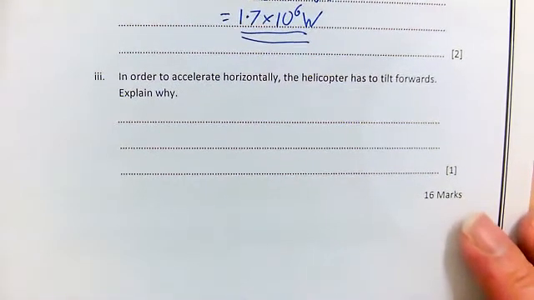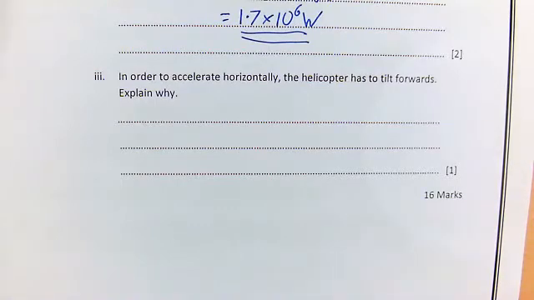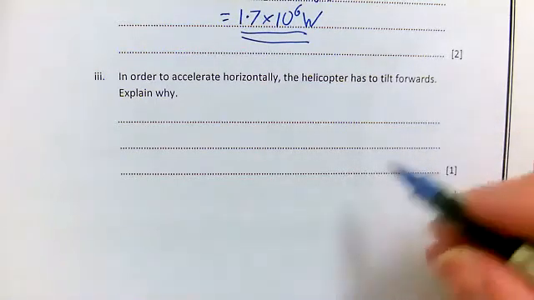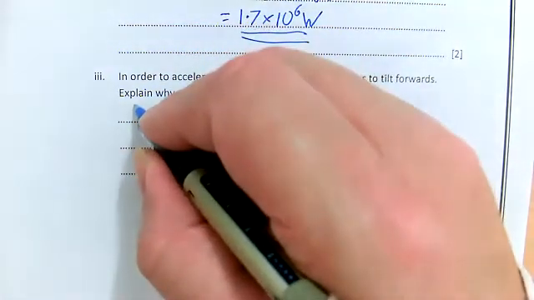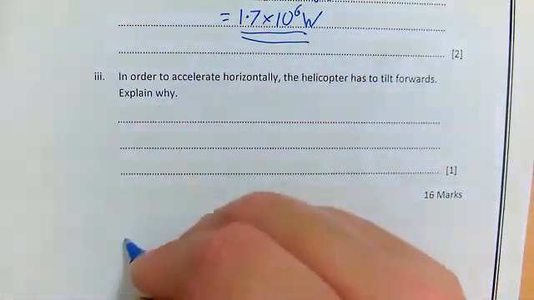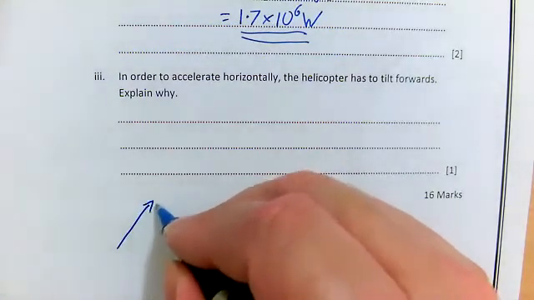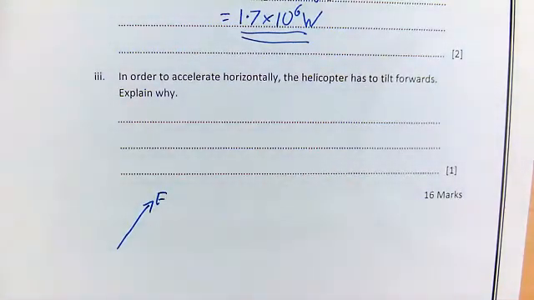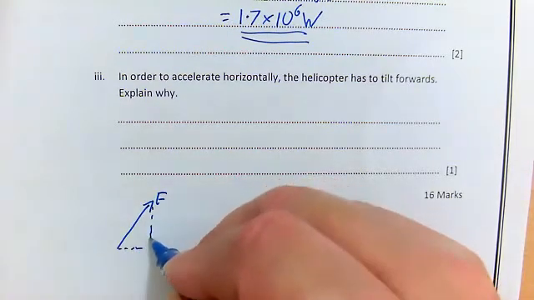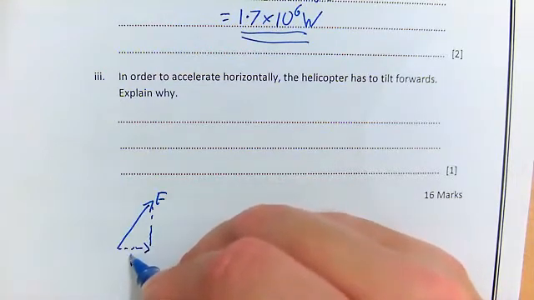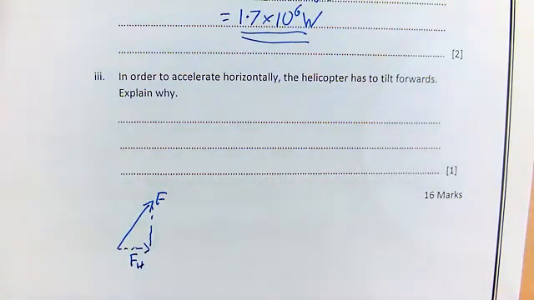If it tilts forwards, then the force actually accelerating the helicopter is going to be in that direction, which means there is a horizontal component of the force.